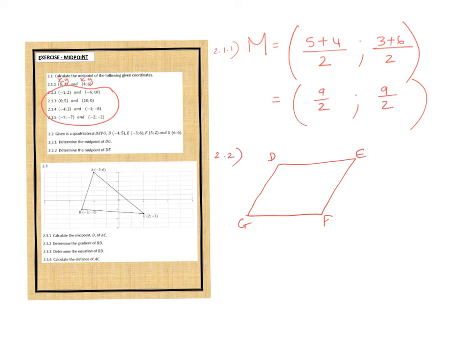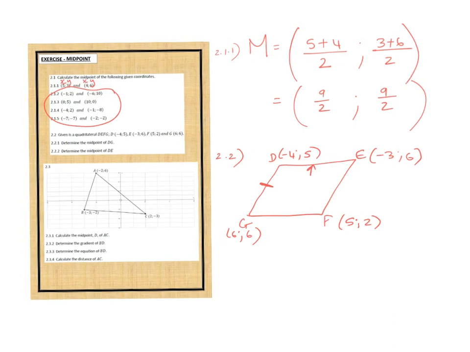Right, and then they've given you point D is -4 and 5, point E is -3 and 6, 5 and 2, and 6 and 6. Determine the midpoint of DG. So here, find the midpoint of DG, and then find the midpoint of DE. All right, so that's easy enough.